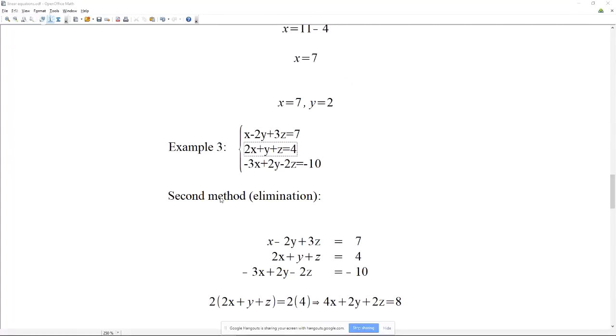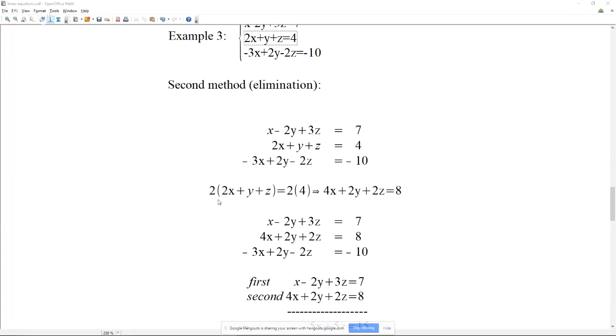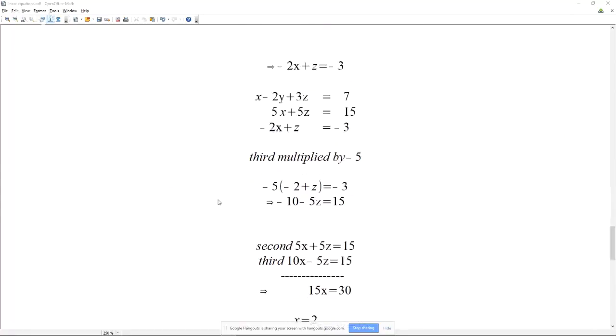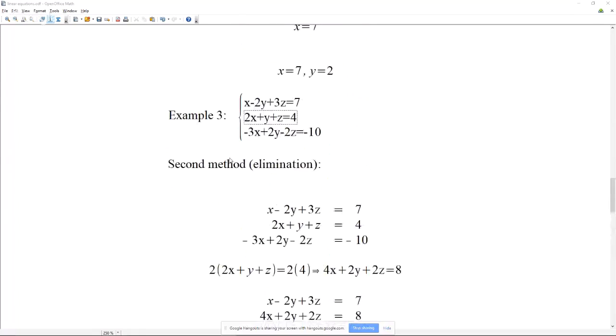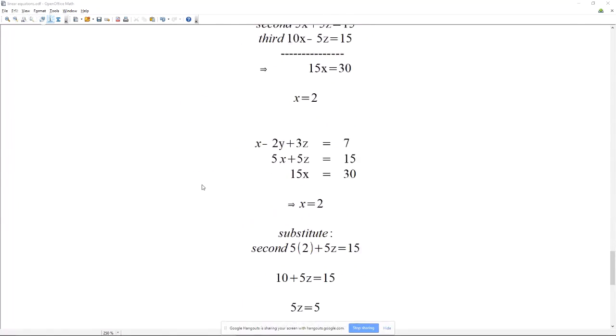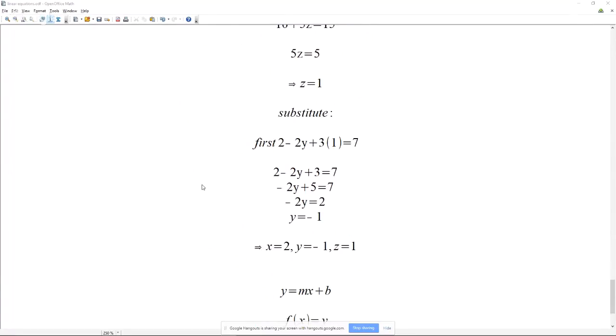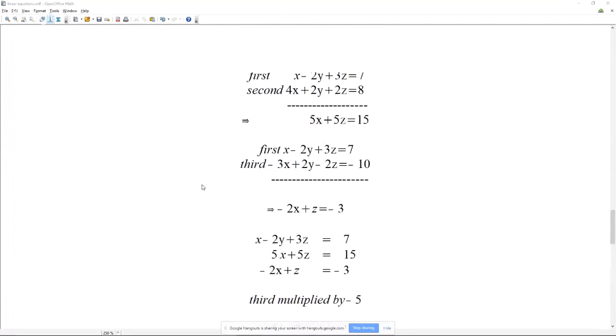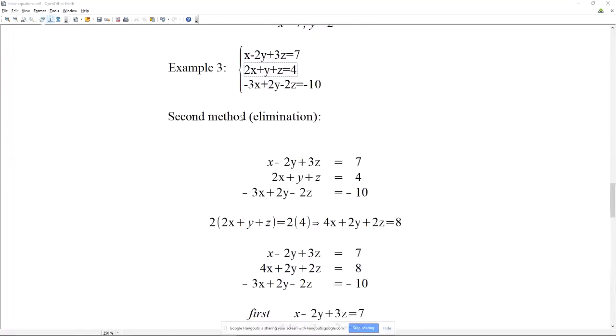We said x was 2, right? So 4 plus y, which was -1, and z equals 1. So 2 times 2 is 4, plus 1 minus -1 is 4. So we know we've got a right answer.